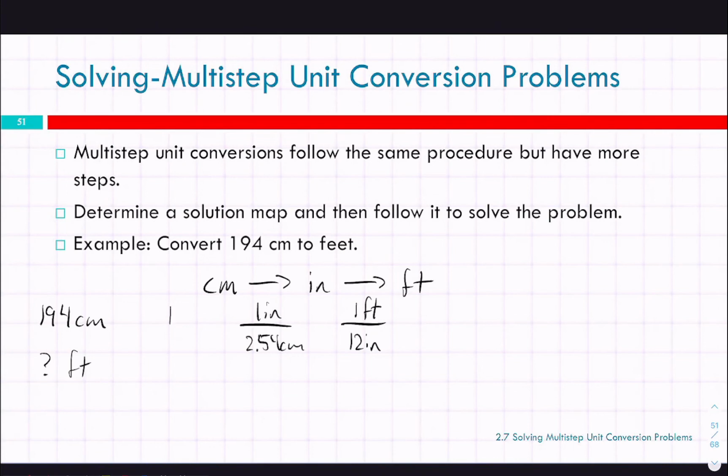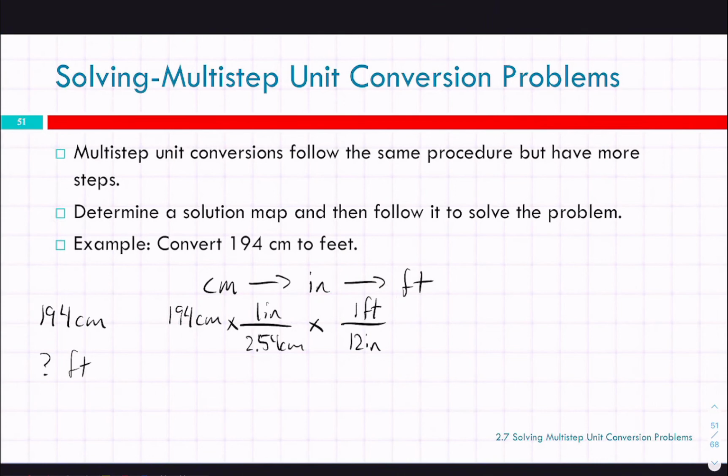And we're starting with 194 centimeters. You could do step 1, write your answer in inches, then do the next step to get your answer in feet, or you can do it all in one go. We don't have to write out that intermediate because we're doing all multiplication.